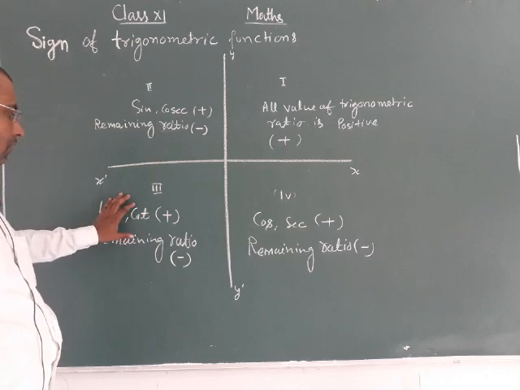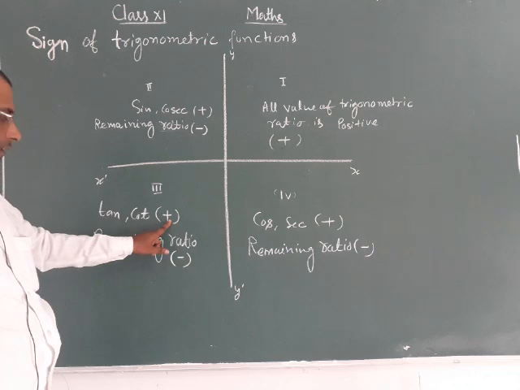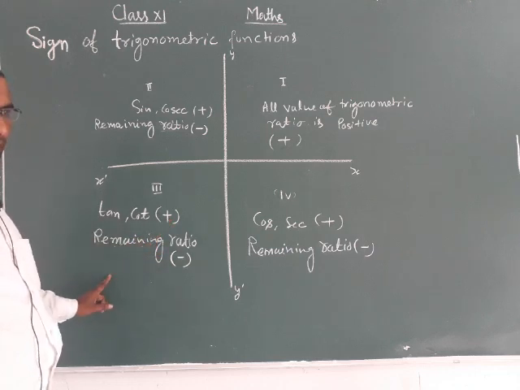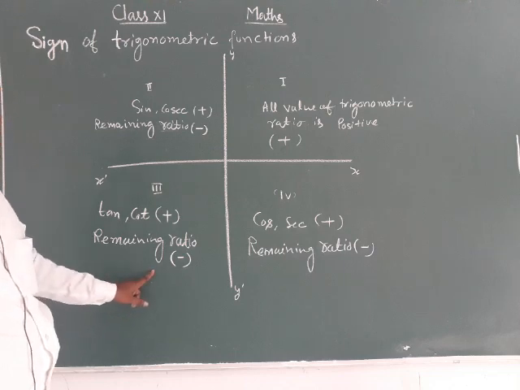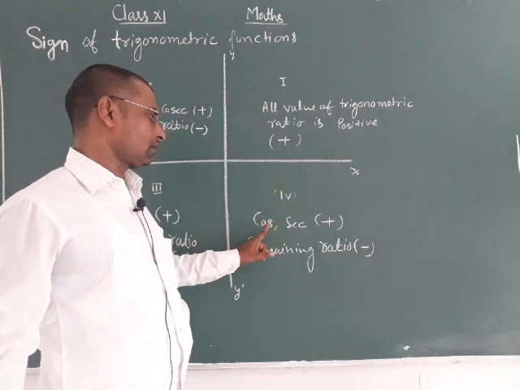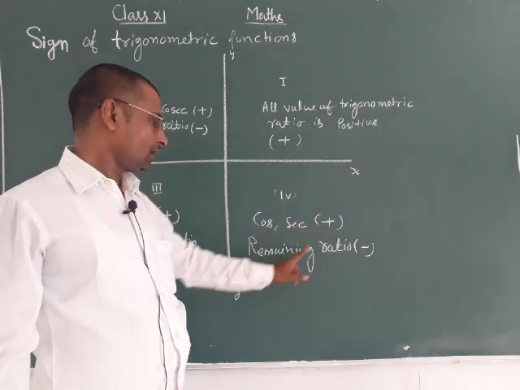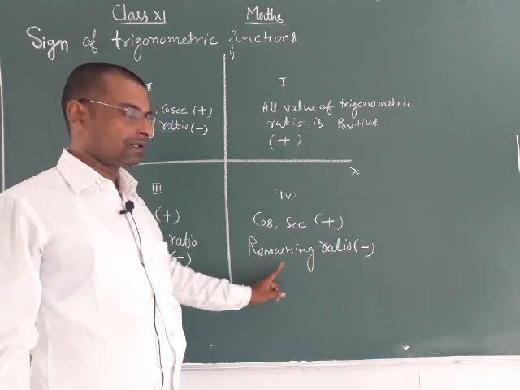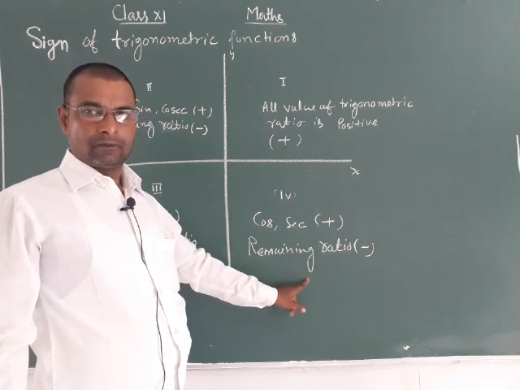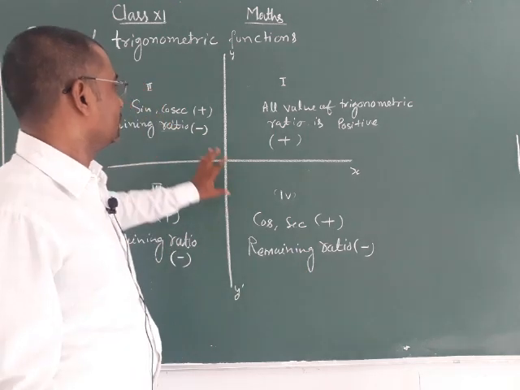And third quadrant, tan and cot positive, and the remaining sine, cosec, cos, sec negative. And fourth quadrant, cos and sec ratios positive, and the remaining tan, cot, sine, cosec will be negative.